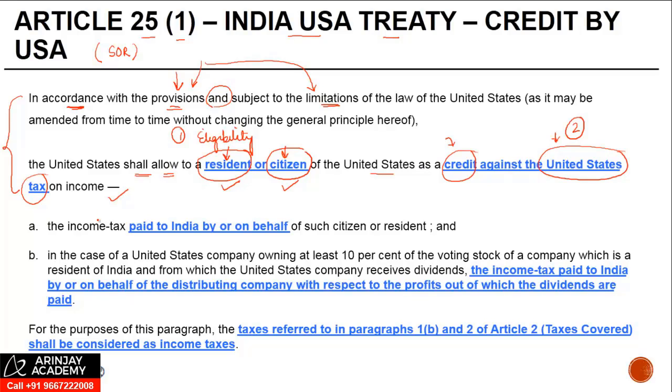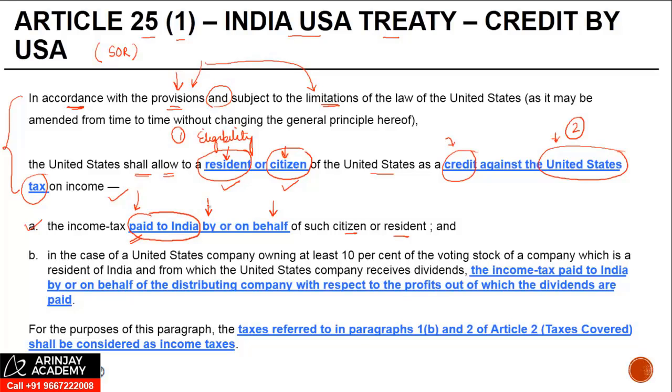Of A, the income tax paid to India by or on behalf of such a citizen or resident. So first thing is, taxes should not be due, they should be paid to India, right?